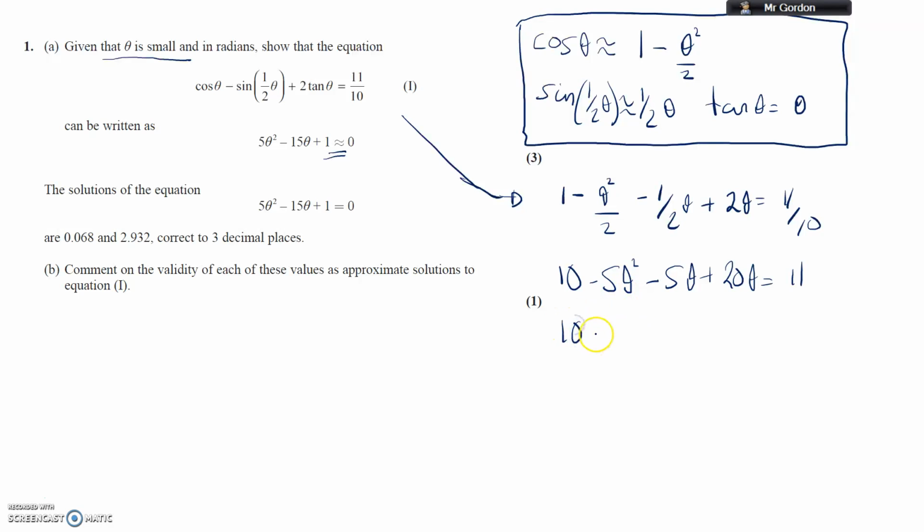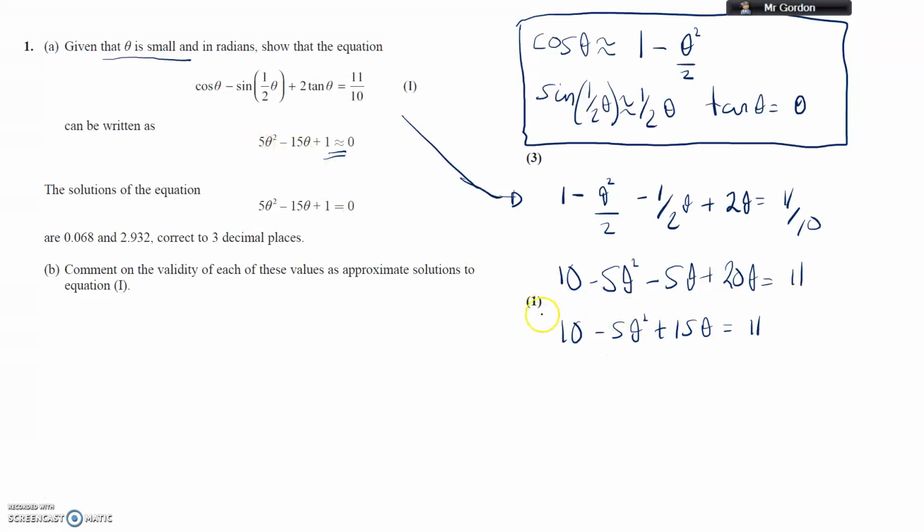Simplify, minus 5 theta squared. Now we've got some thetas here. Minus 5 plus 20 will be plus 15 theta equals 11. This has been set equal to 0. So if I push everything over to the right hand side, I'll get a positive 5 theta squared.